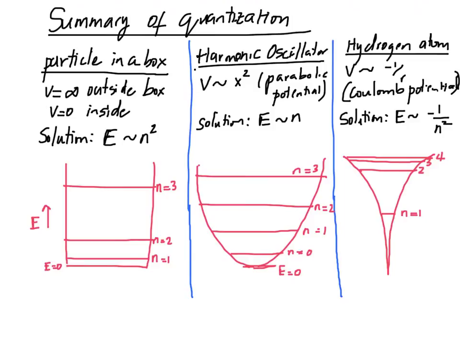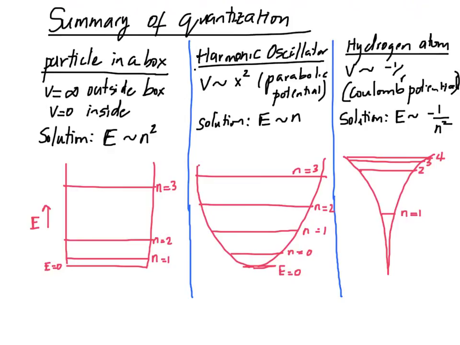So there it is. For our hydrogen atom, energy is proportional to minus 1 over n squared, and so the energy levels become more and more closely spaced as you go up in energy, because of the proportionality to 1 over n squared.